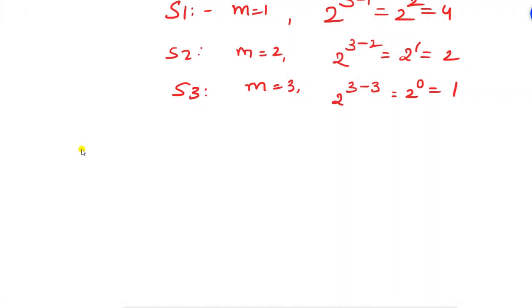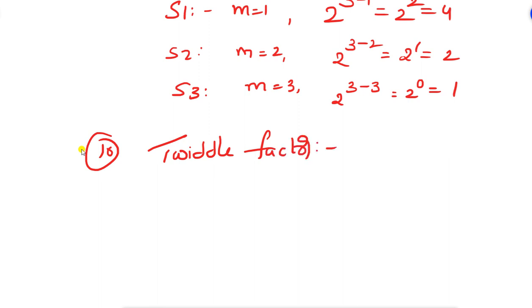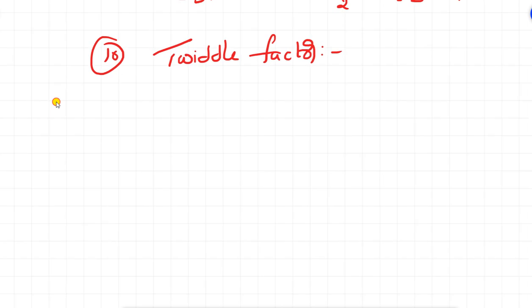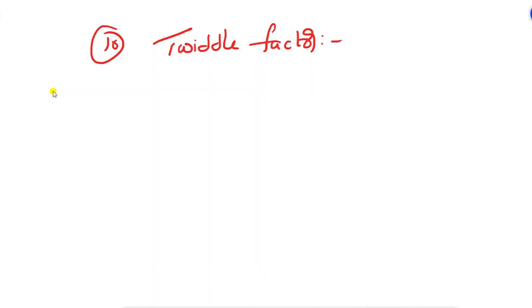Now we will see the most important step, that is the twiddle factor. This is the most important step. The twiddle factor can be found using the stage index, given by k equal to Nt by 2 to the power of m, where t is 0, 1, 2 and so on up to 2 to the power of m minus 1, minus 1.